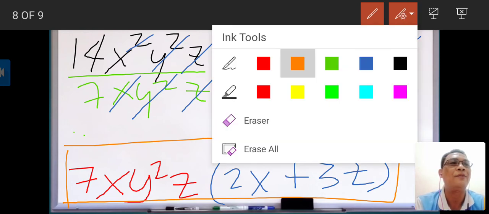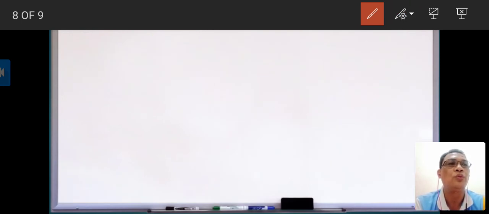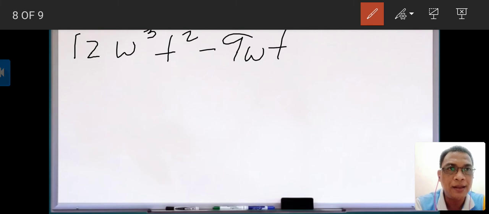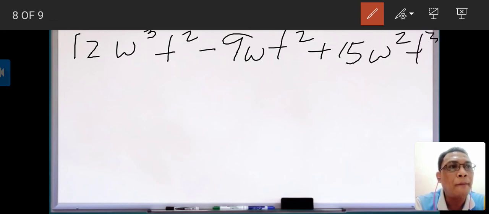So let me have number 2. Number 2, we have 3 terms. So that is a trinomial. So we have 12w cubed t squared minus 9wt squared plus 15w squared t cubed. Okay. Again, first you have to get the GCF.